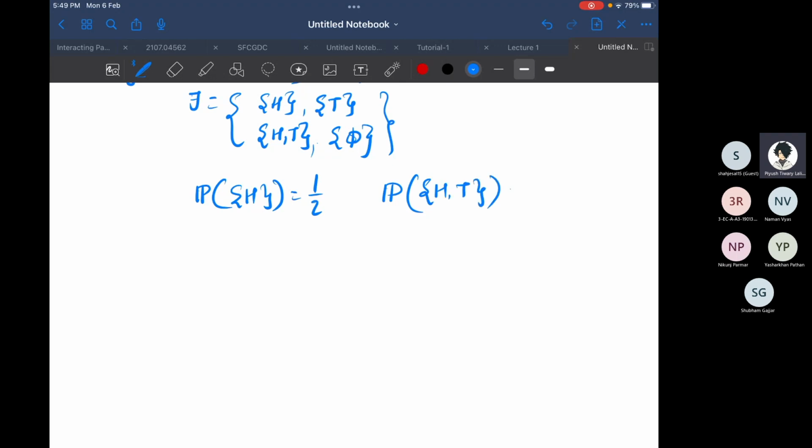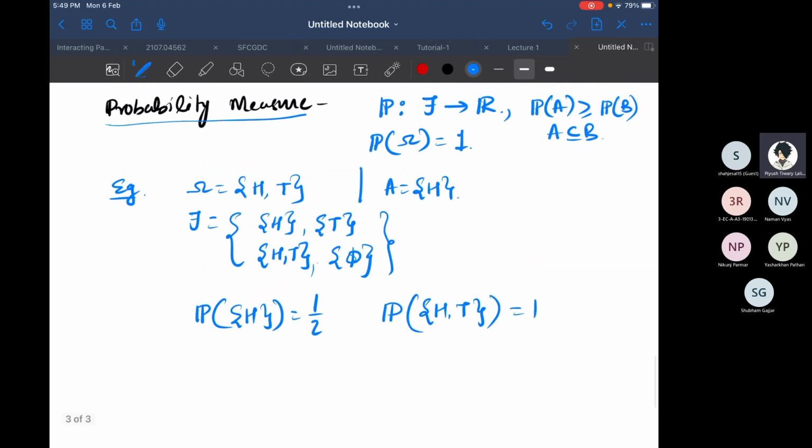So probability of H comma T has to be 1. Now, I think I missed something here. The probability of a countable union of Ai, if the Ai are disjoint, is nothing but the sum of the probabilities of Ai. This is also one property that I missed.